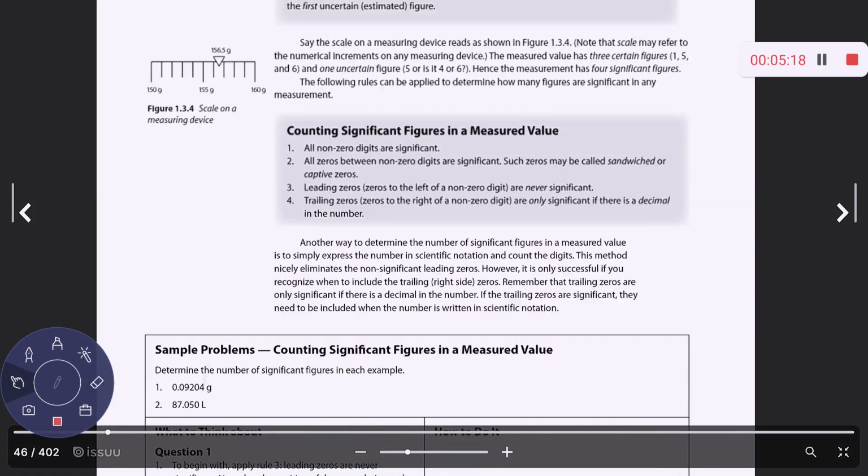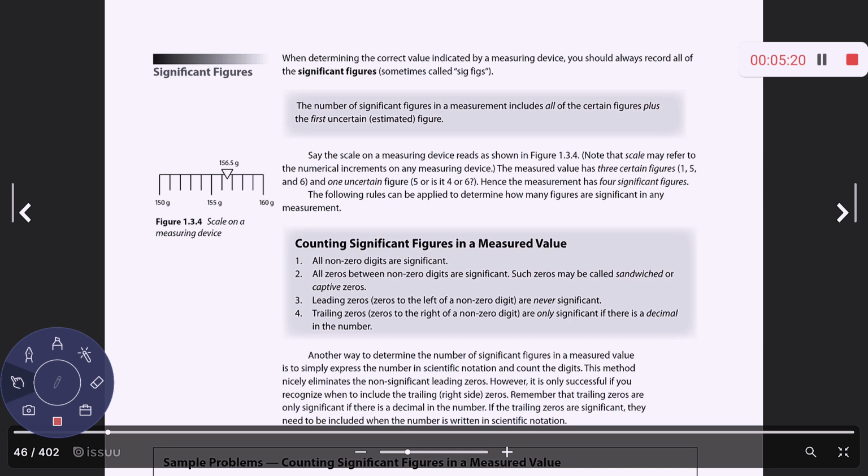Let's talk about significant figures. The number of significant figures in a measurement includes all of the certain figures, like when we determine the division size on a cylinder, plus an uncertain or estimated digit, okay?